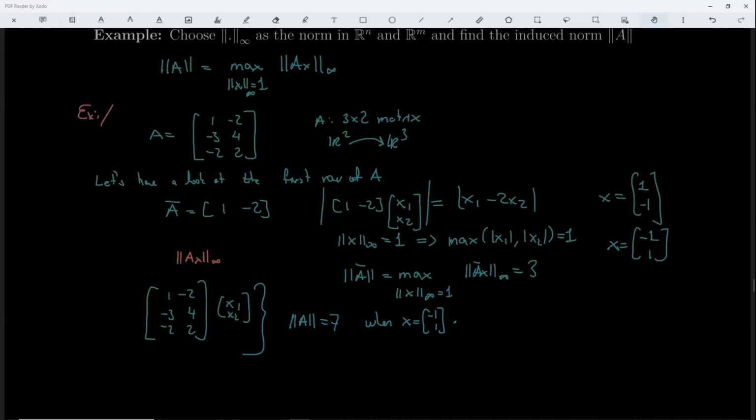I can maximize the contribution from each row by choosing different x values, and the maximum value I can get is from the second row, because the absolute value of the sum of its elements is maximum there. The x vector which maximizes that sum is either -1 and 1 or 1 and -1, right?